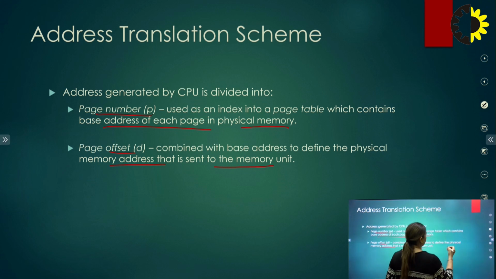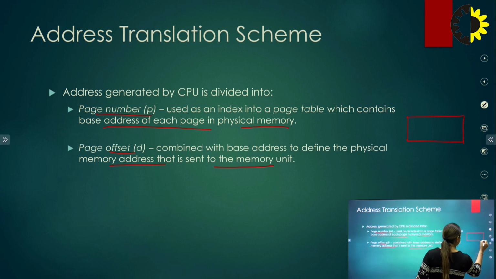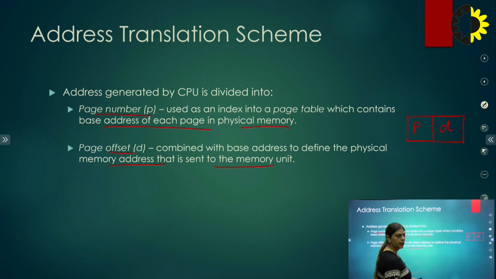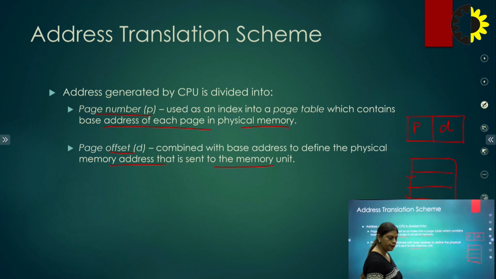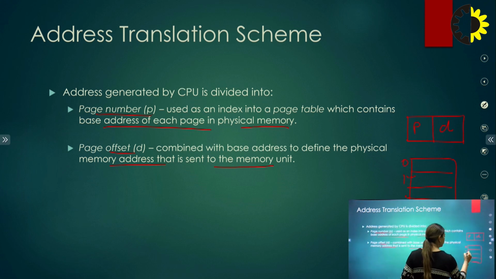Now the logical address is divided into two parts, right? First is P, meaning page number, and second one is D, that is the offset. Page number means out of so many pages, which page is selected, right? Like this is page 0, page 1, 2, 3.